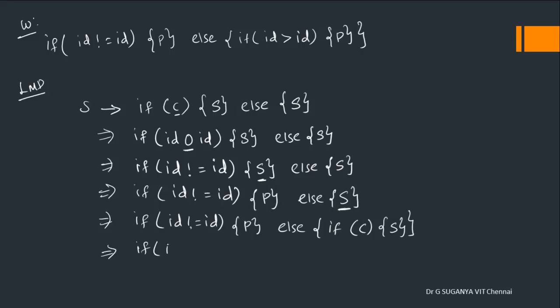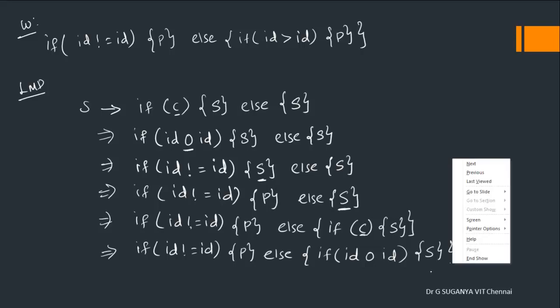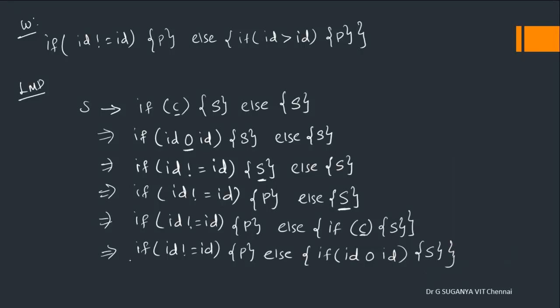So if id not equal to id, P else if, this will remain. Instead of C, you have to expand like id, O, id, followed by S. Now everything till here will remain as it is.